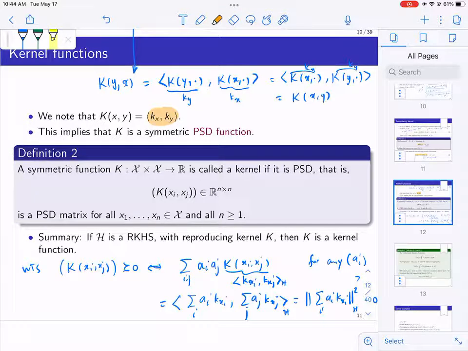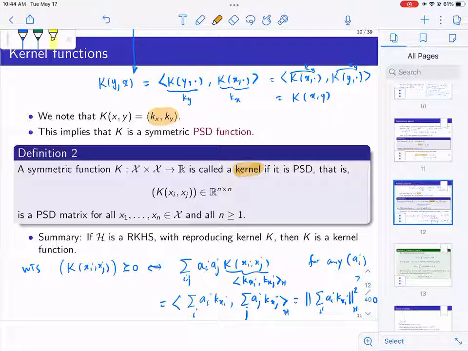We also see it's symmetric because the inner product is symmetric. So this leads to this definition. A symmetric function k is called a kernel if it's a positive semi-definite function. You can remove the symmetry if you're looking at complex numbers. It would be conjugate symmetric, basically. It's sesquilinear sort of.